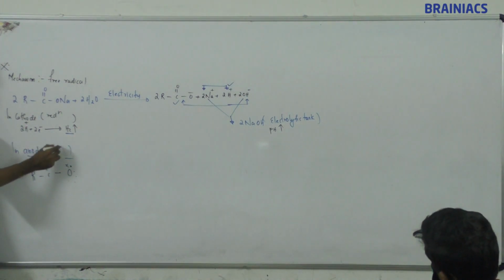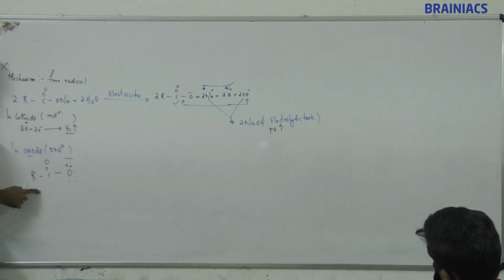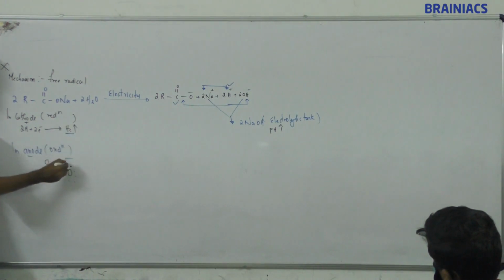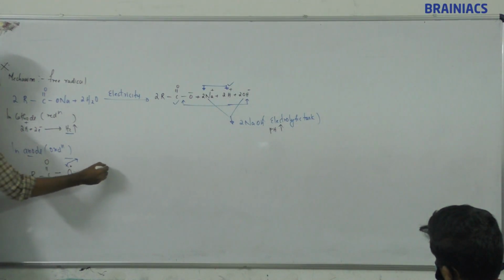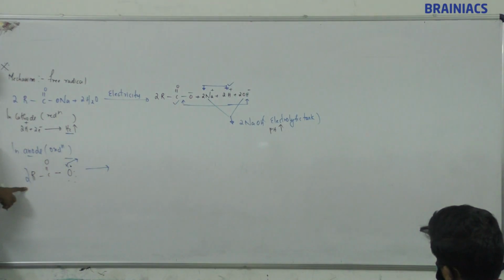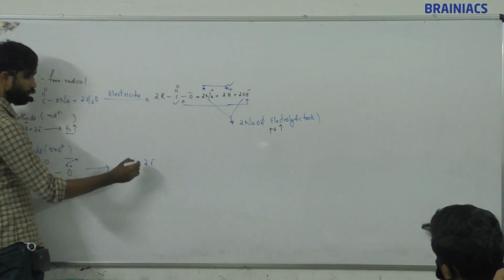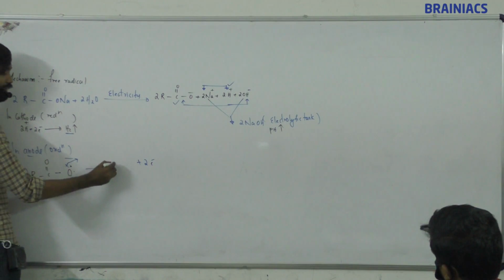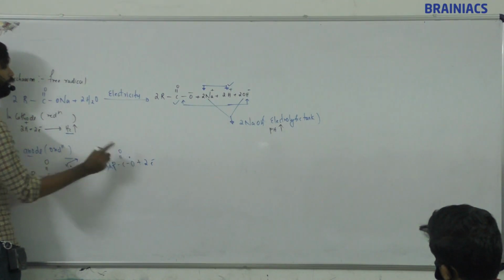At the anode, the process is oxidation, which means removal of an electron. So this carboxylate ion removes the extra electron, that means this electron. If we have 2 carboxylates, they can release 2 electrons. So it simply oxidizes, losing the 2 electrons, to become RCOO dot.